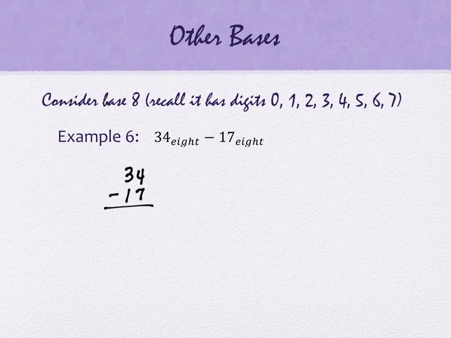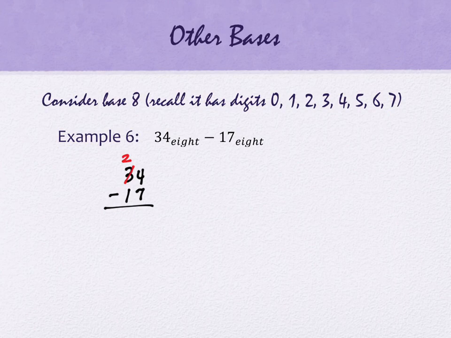I can't do 4 minus 7, right? So I'm going to regroup. But when I regroup and I take away 1 from here, I don't borrow 10. How many do I borrow? I borrow 8. Okay, in base 10 we borrow 10, in base 8 we're going to borrow 8. Can you picture that with your concrete model? You're taking a long, and the long has 8 in it, and you're breaking it into 8 individual units now.